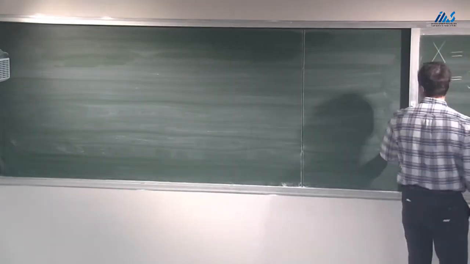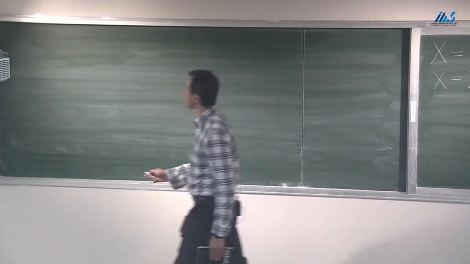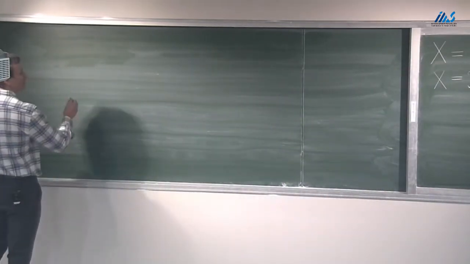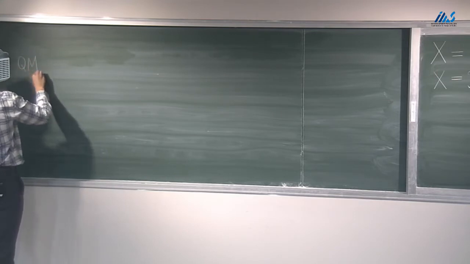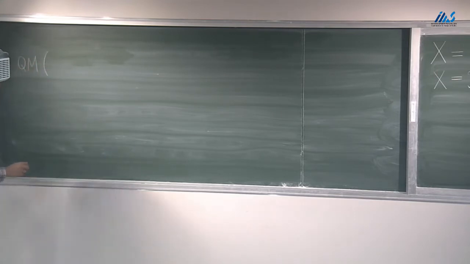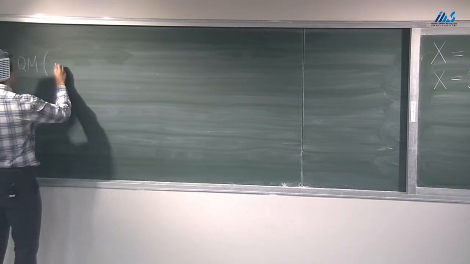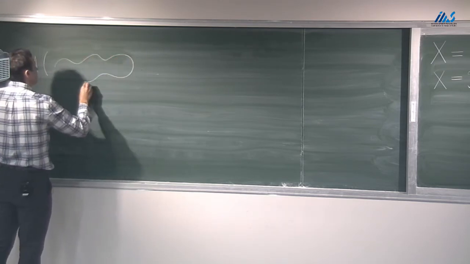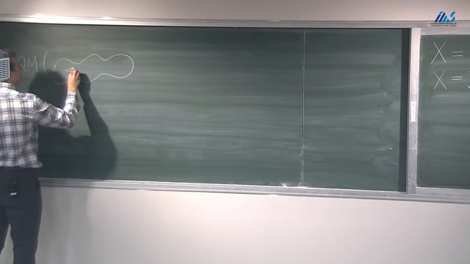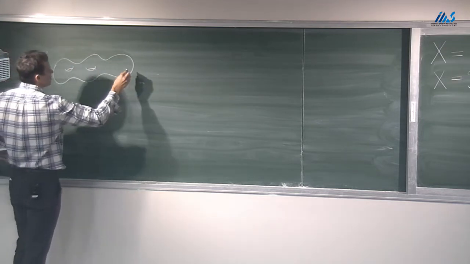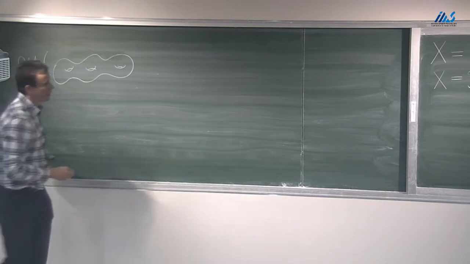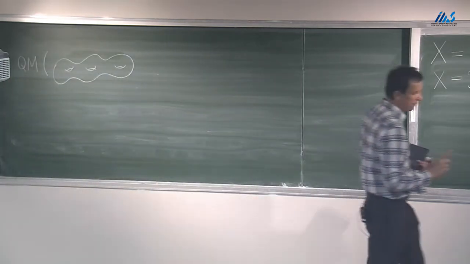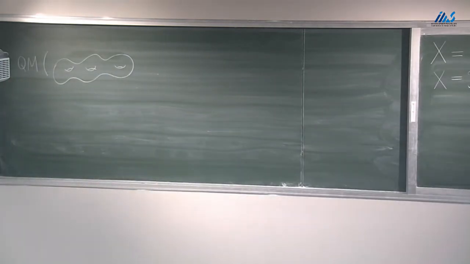In this situation, one can define a certain curve counting theory, namely, one defines a space of quasi-maps from some pointed base curve. The curve may be nodal, but I'll draw a smooth curve. And it's pointed, I need points of different colors.